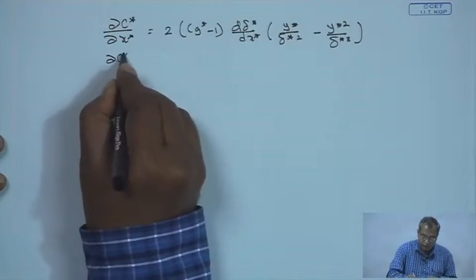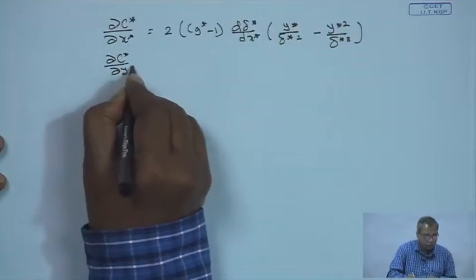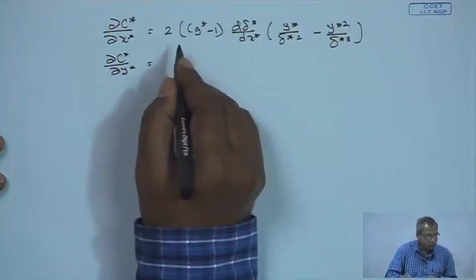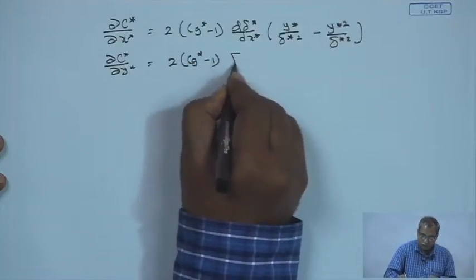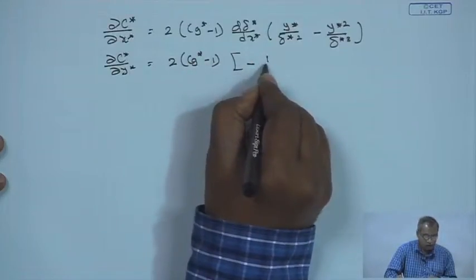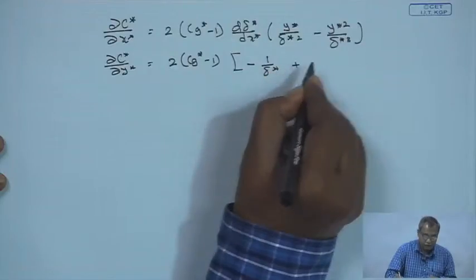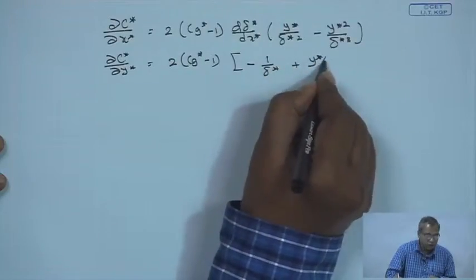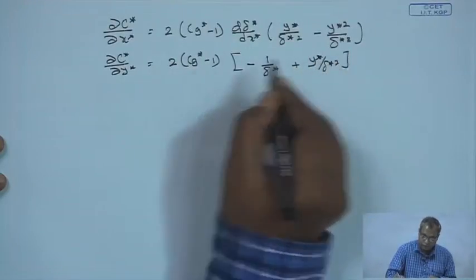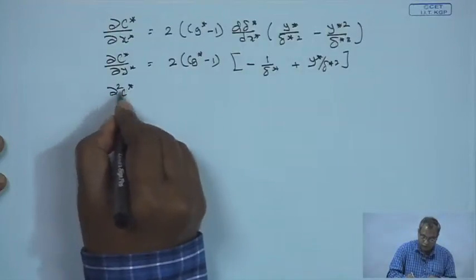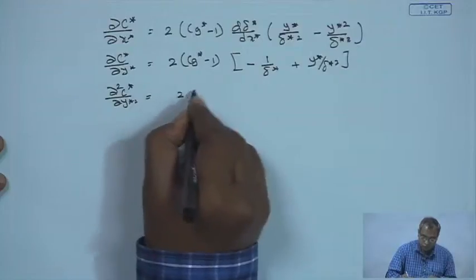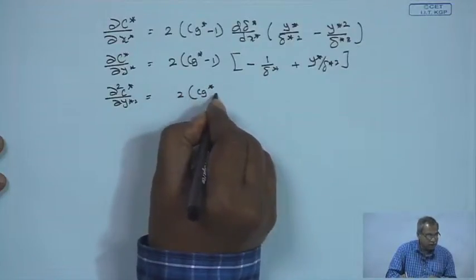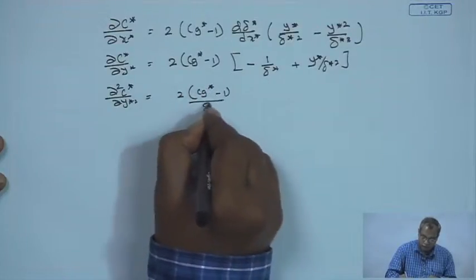And del C star del y star will be 2 C g star minus 1 times minus 1 by del star plus y star by del star square, and del square C star del y star square will be 2 C g star minus 1 over del star.